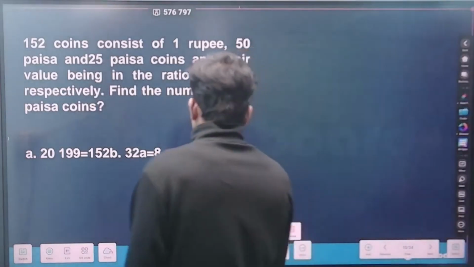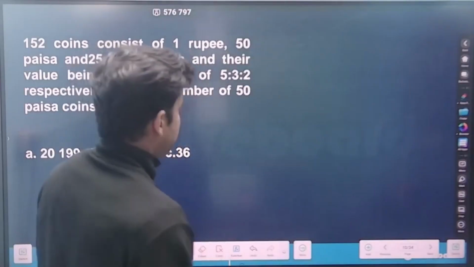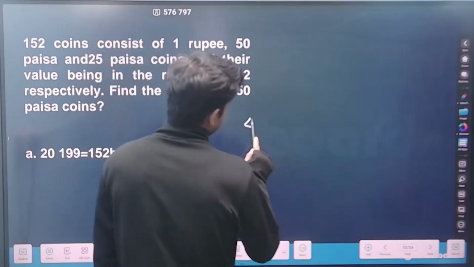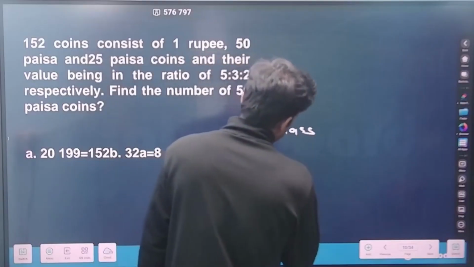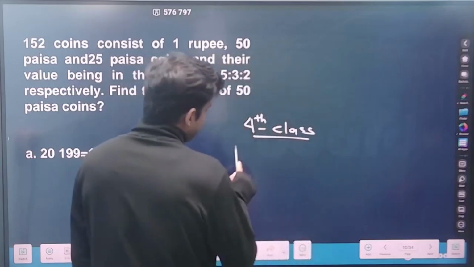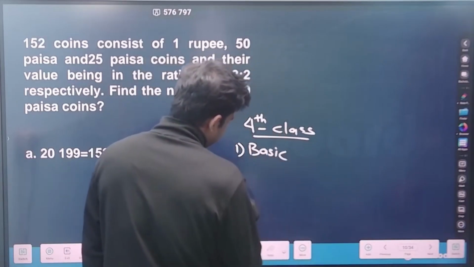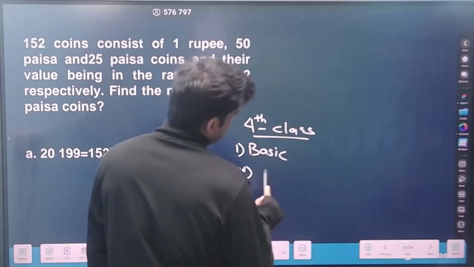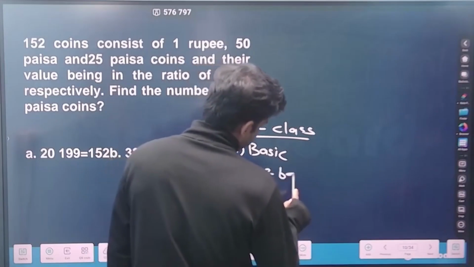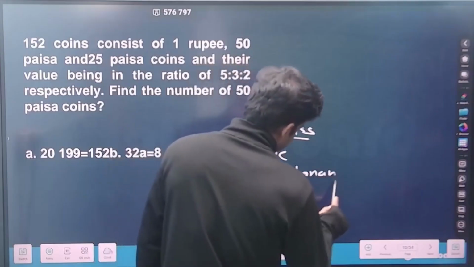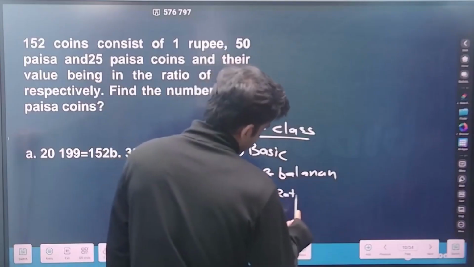See guys, again I'm explaining that we are doing the fourth class of ratios. What did we do in the fourth class? First class, basic. Second class, balancing. Third class, ratios word problems.